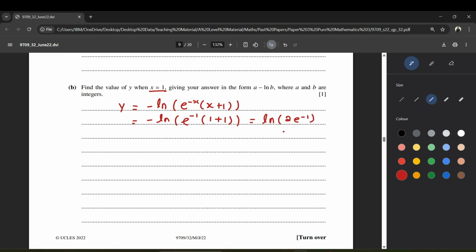All right. Here we have to write the answer in this form, so we have to split the logarithmic function. First, let me write this as 2 over e. Now if I split this, it becomes ln 2 minus ln e.